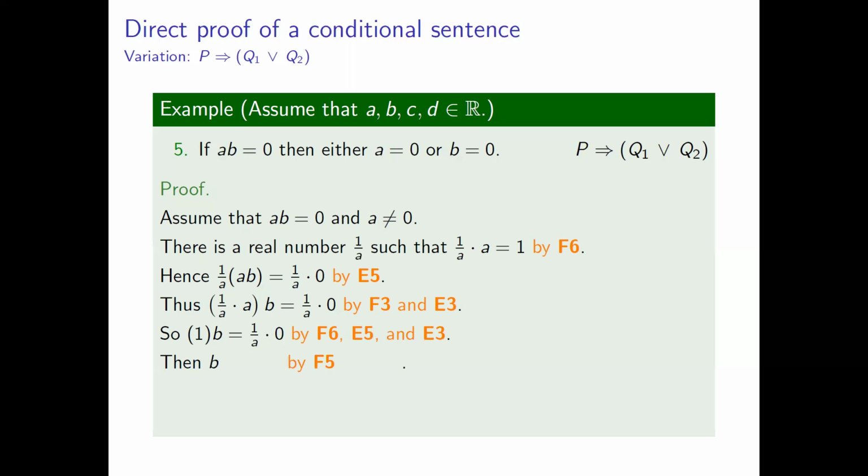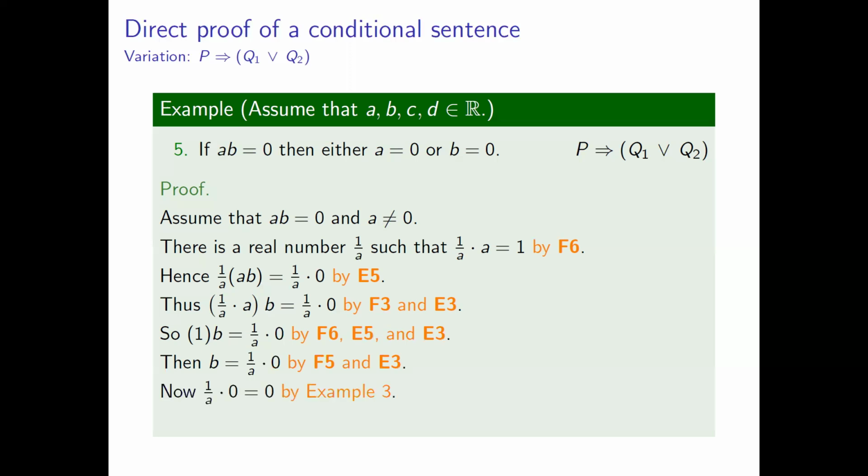Since 1 is the multiplicative identity, 1 times B equals B. Thus, by the transitive property of equality, B equals 1 over A times 0.